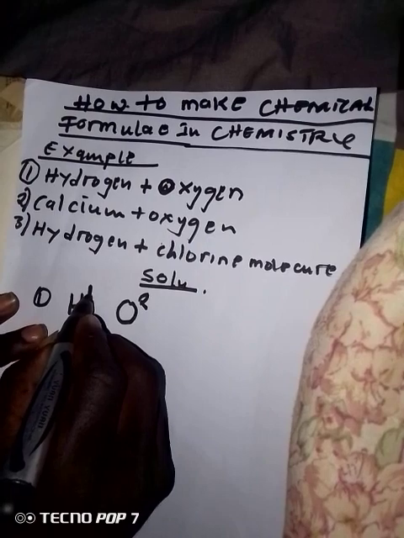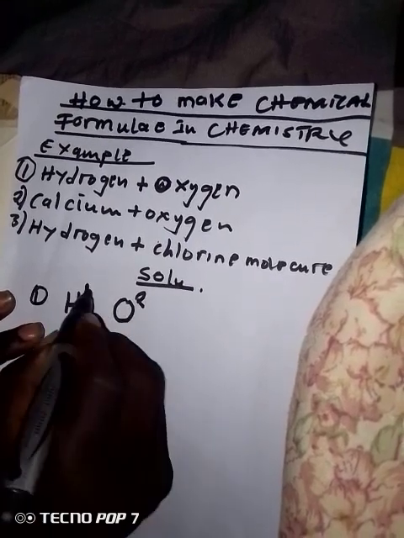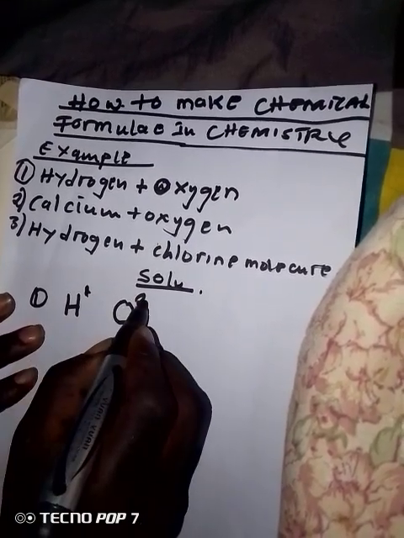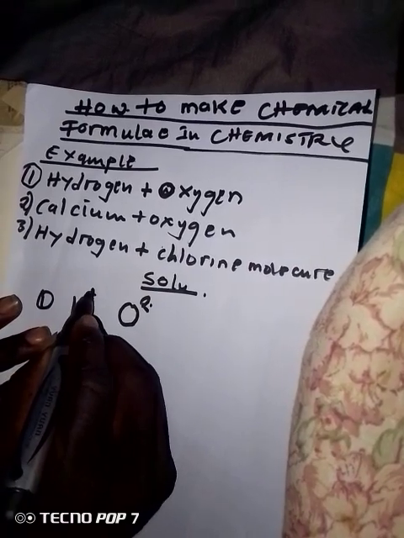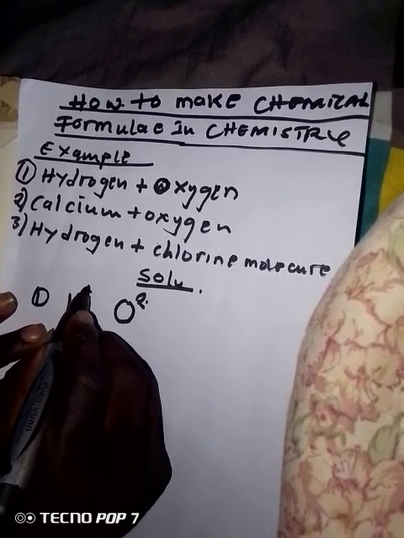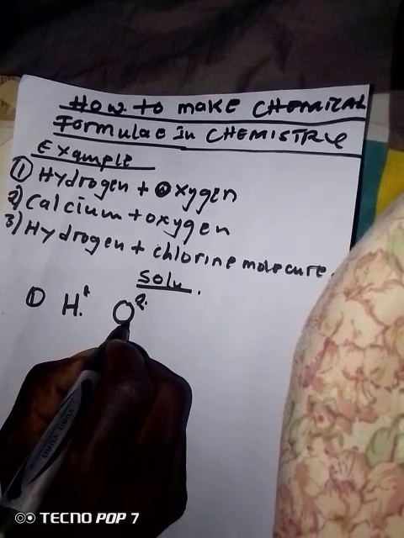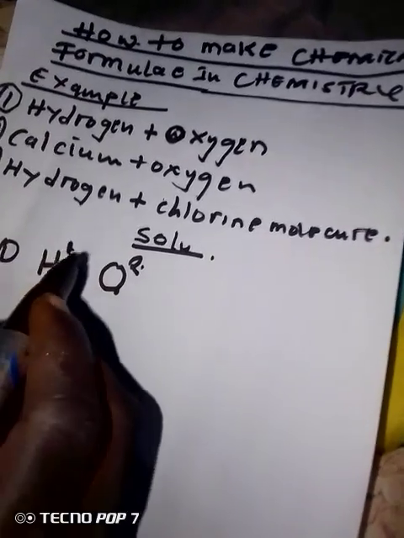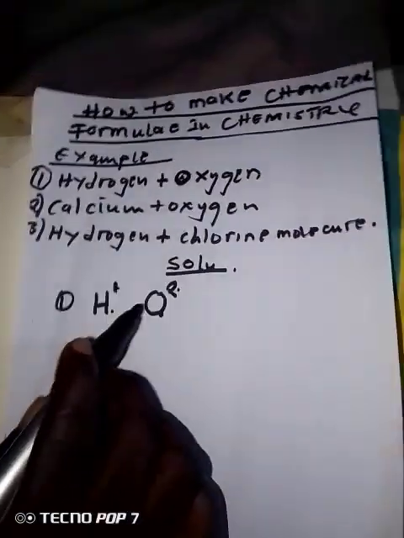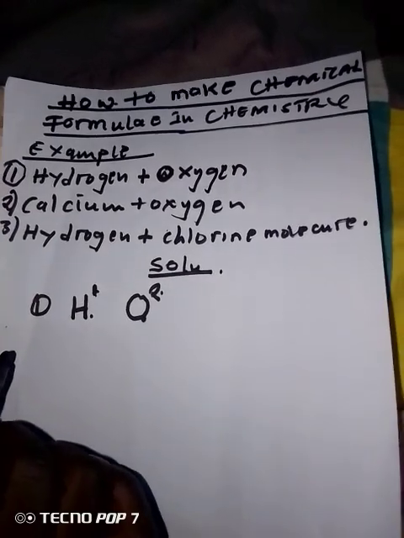So what happens here? The superscripts swap. The 1 for hydrogen will go to oxygen, and the 2 for oxygen will come to hydrogen. This simply means that for water to be formed, 1 atom of oxygen is combined with 2 atoms of hydrogen.